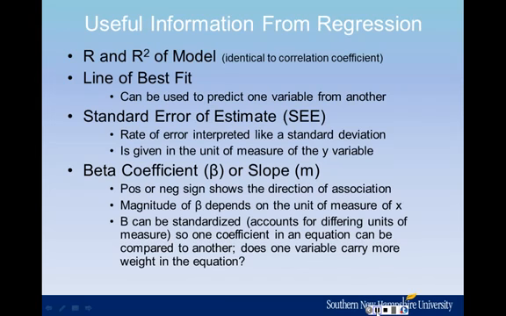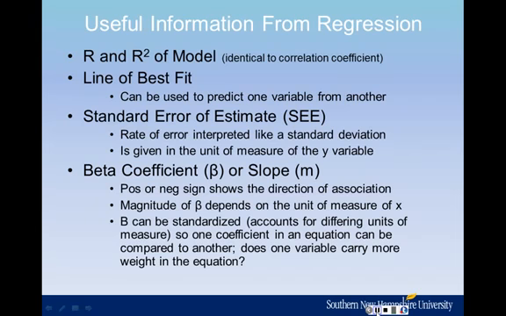That slope also depends on the unit of measure of x. We'll see that in the example I have coming up. The size of the slope depends on whether x was measured in inches or centimeters, etc. But you can actually standardize the beta coefficient so that you can look to see in any given regression equation how much weight one variable carries compared to another.